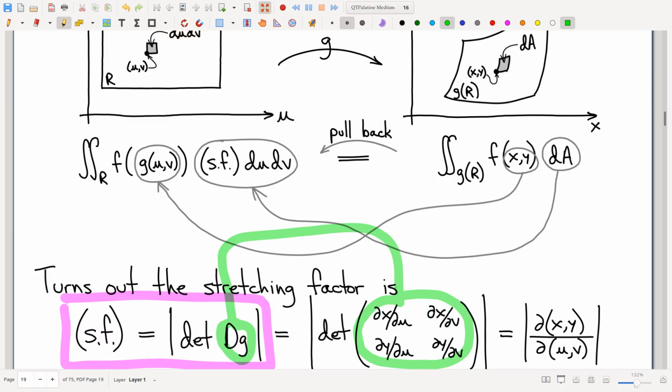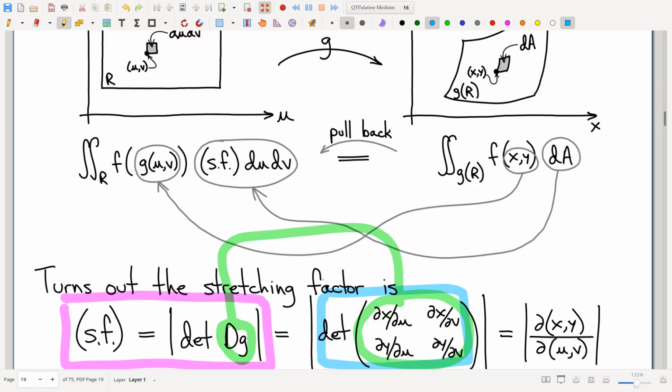This is one of the big reasons why. To streamline the language, very often people will call this the Jacobian determinant, so you're going to hear that term. And by the way, some people will just refer to that determinant itself as the Jacobian. It bugs me because to me the Jacobian means a matrix, not the determinant of the matrix. I think that's confusing, but anyway, it's common terminology.